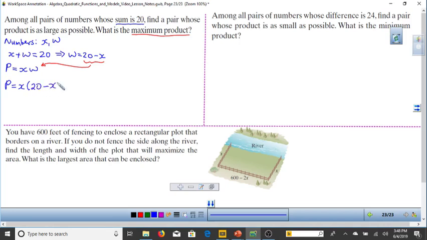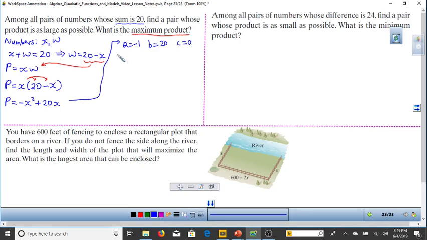And so I need to find an equation for that that would look quadratic at least. When I replace w with 20 minus x and work that out, I get p is equal to negative x squared plus 20x. I just distribute the parentheses and rearrange it into standard form. Now that tells me about my vertex: a is -1, b is 20, and c is 0.